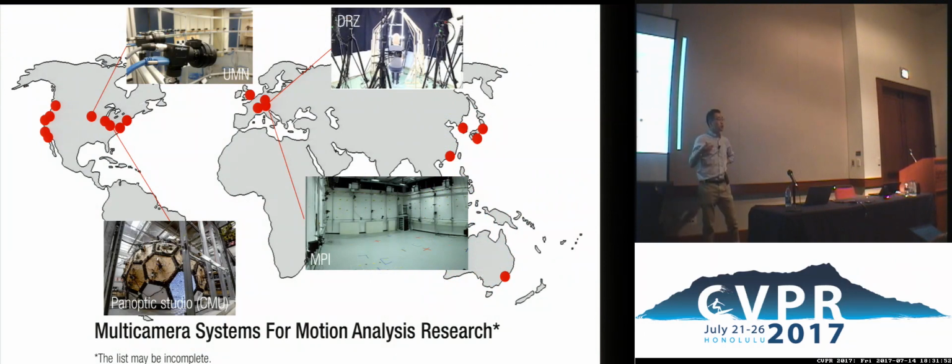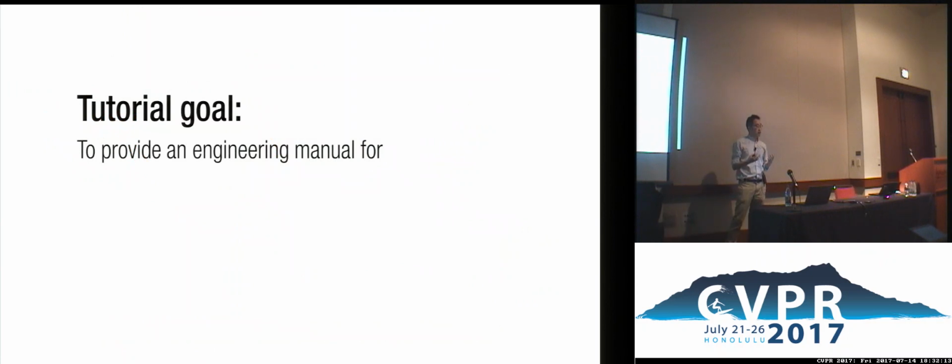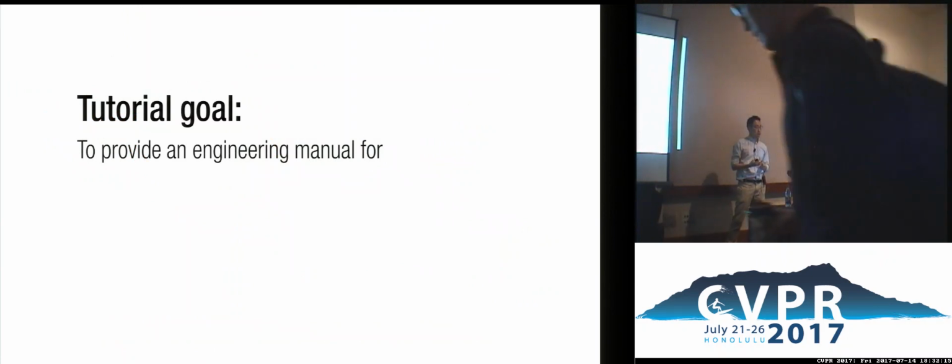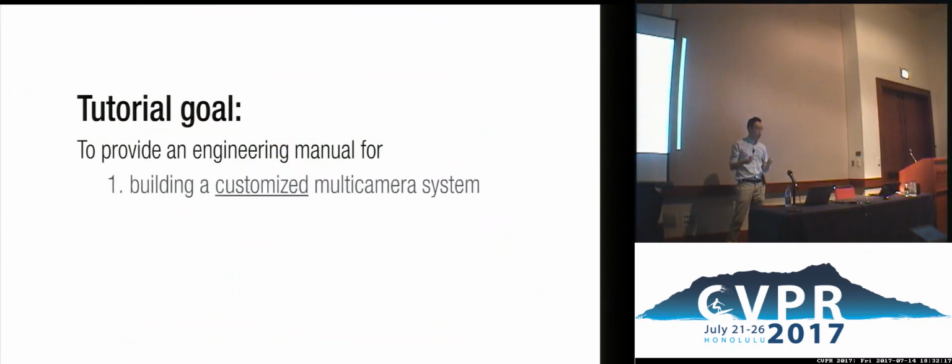Fortunately, we are situated in places where we have full access to a multi-camera system, for instance, CMU, MPI, DRZ, and including myself. And by building these multi-camera systems, we have learned a lot of lessons. So in this tutorial, we would like to share our experiences, our engineering manual for building a customized multi-camera system.